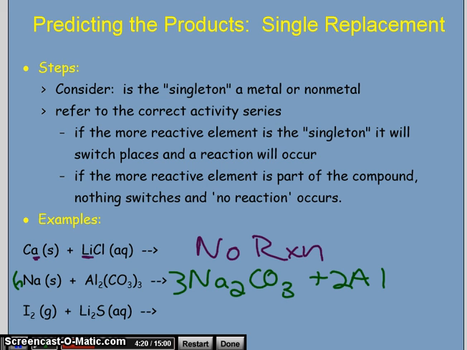Then, as always the case, I'm going to finish by balancing the reaction. The aluminum would be solid, and the sodium carbonate, the Na2CO3, would then be in solution. Now, you guys can try the last one on your own and practice that using the activity series for yourself.